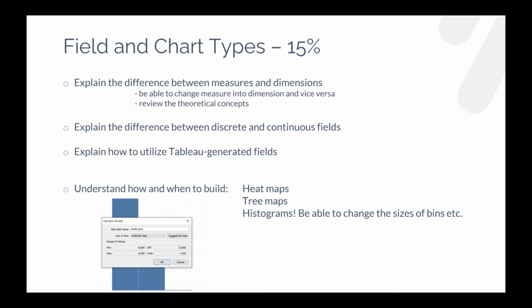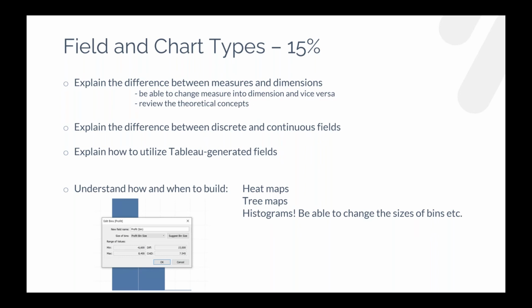When we start to talk about field and chart types, during my preparation, one of the common questions that you might not use that often during your work is to work with histograms.